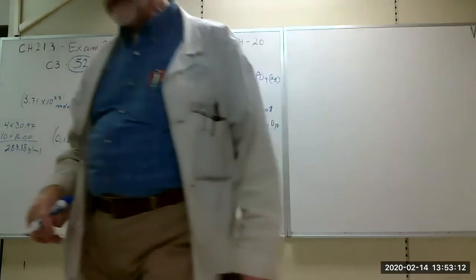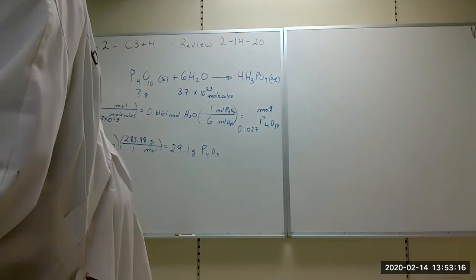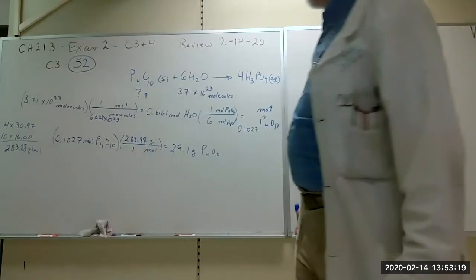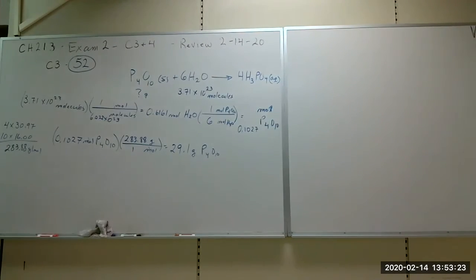Now let's see, did I get it right? 29.1. Always good to know. Sometimes I do that and get a different answer. Then I have to say, ooh, am I wrong or is the key wrong?